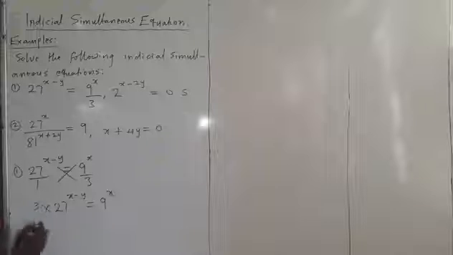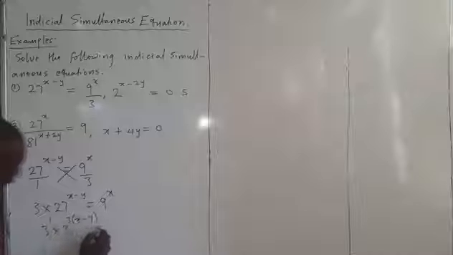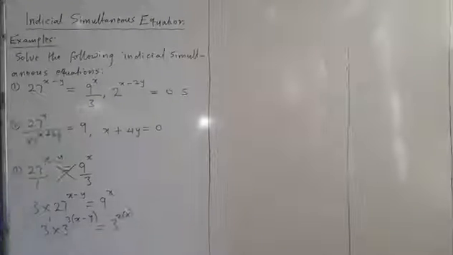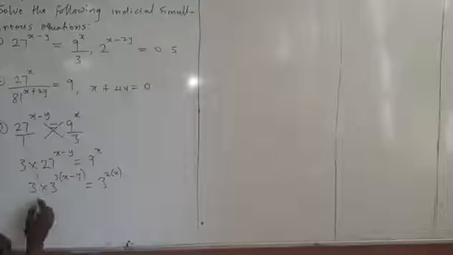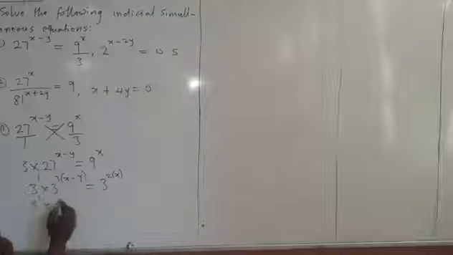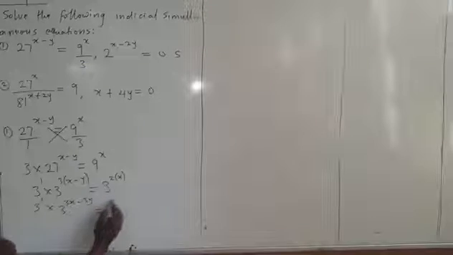To do that, 3 in base 3 is 3 raised to power of 1, multiplied by 27 in base 3, which is 3 raised to power 3 into x minus y. And 9 in base 3 is 3 raised to power 2, raised to power x. The next thing to do is to open the bracket. We have 3 raised to power 1 multiplied by 3 raised to power 3x minus 3y equals 3 raised to power 2x.